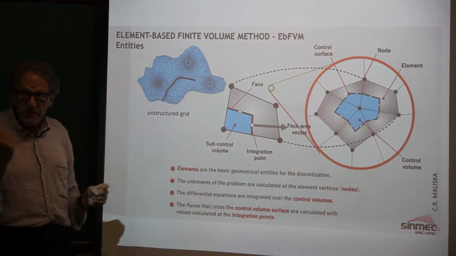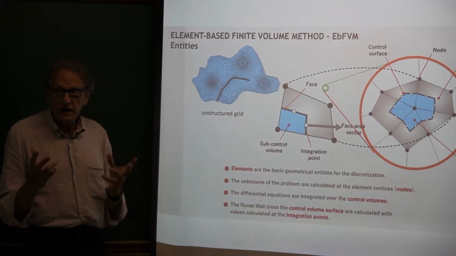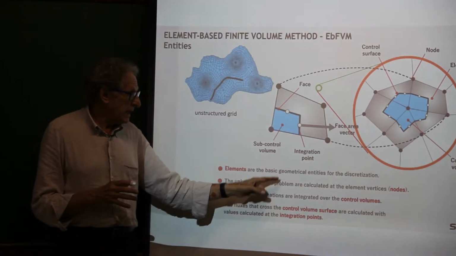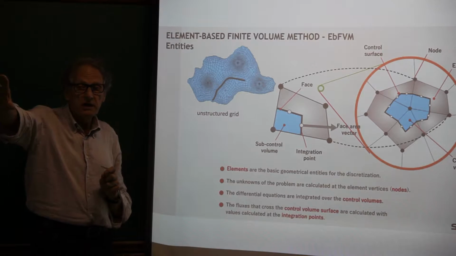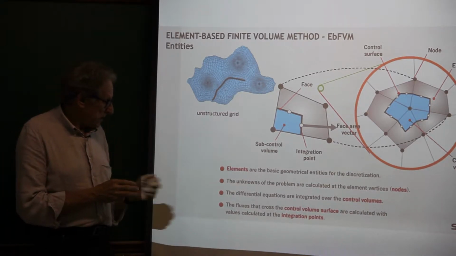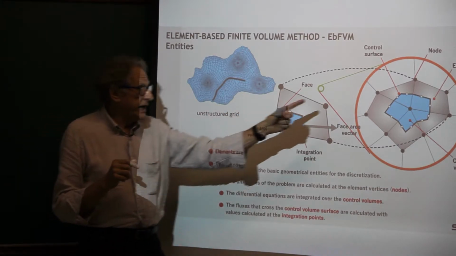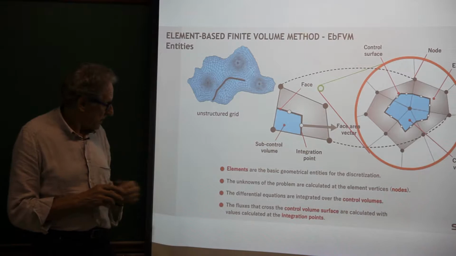Elements are the basic geometrical entity for the discretization. The unknowns are the nodes, the vertices of the element. The differential equations are integrated in the blue region, the control volume.